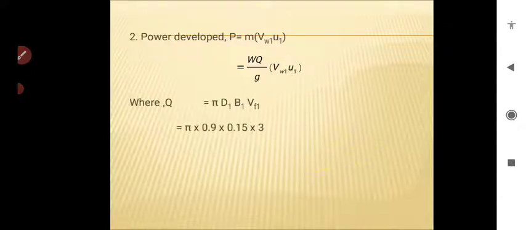Work done per kg of water, we know, is VW1 U1 plus VW2 U2 newton meter per kg. We substitute the values and get the work done per kg. Power developed, P, is equal to m into VW1 U1. Substituting the values, we got the Q value as 1.2723 meter cube per second. Substitute these values in the power equation and we get the power, 113.2 kilowatt.